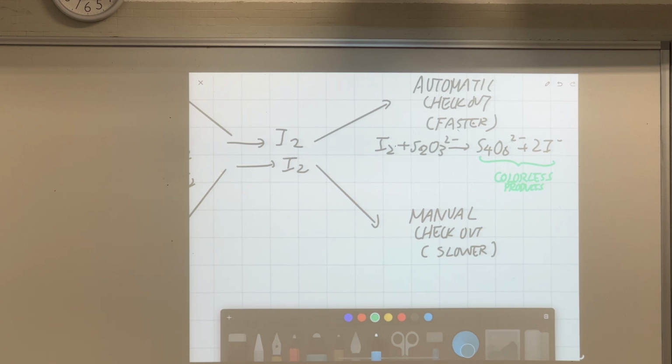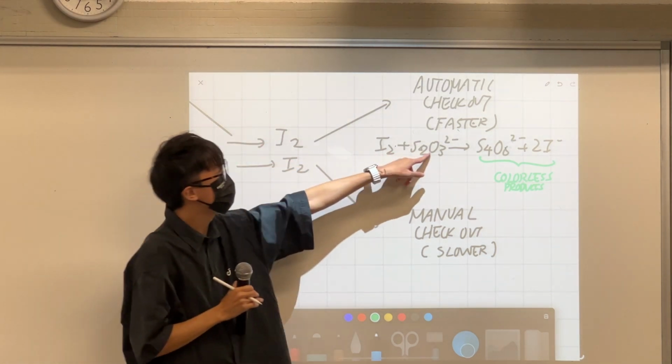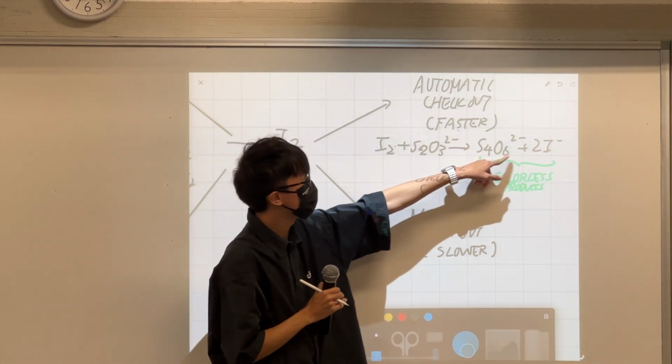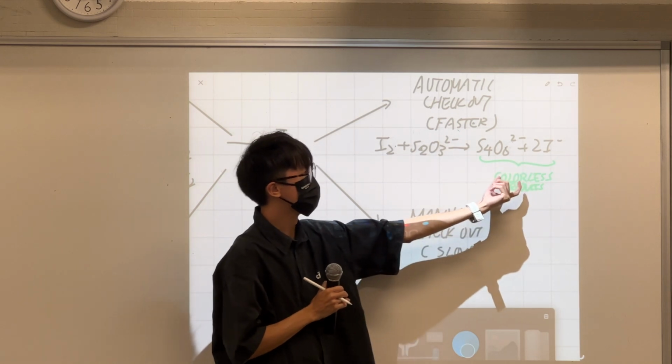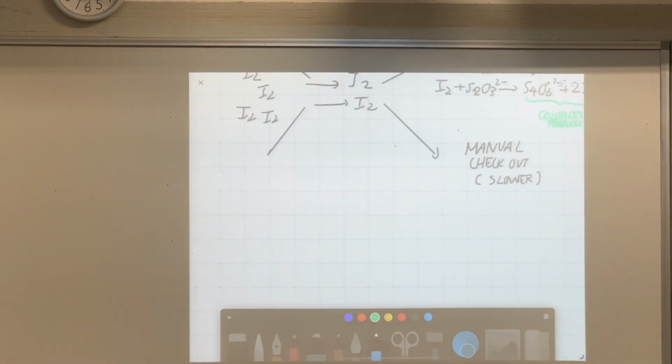Of course, before he mixes, the reactants are colorless. But after he mixes the reactants, there's still some time during which the mixture is colorless. That's because all the iodine that is formed is turned into S4O6 2- and 2I minus. They are both colorless.